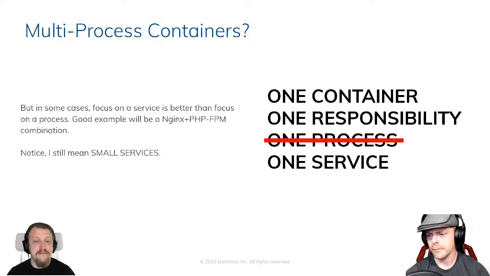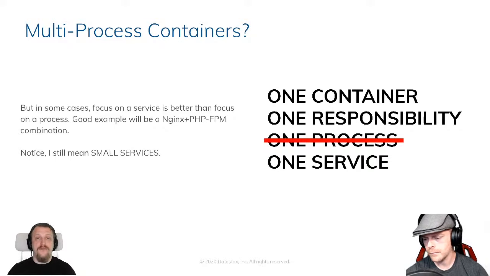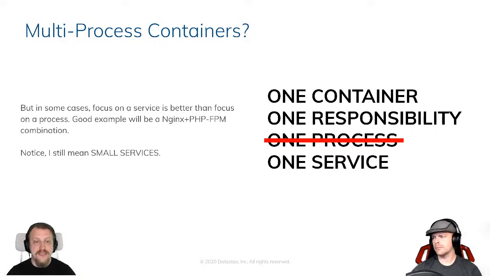PHP-FPM, for example, doesn't serve on a normal port, but usually on sockets, and that's not so HTTP based, let's say. We always prefer to have a reverse proxy, a proxy server, in front of PHP-FPM. That's easier to explain like that.